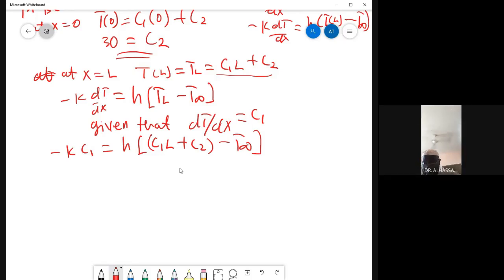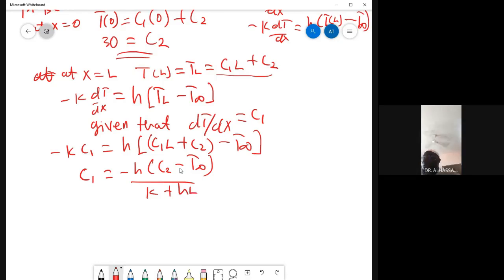So eventually, if you rearrange this equation, you will discover that C1 equals to minus H into bracket C2 minus T infinity, all divided by K plus HL.